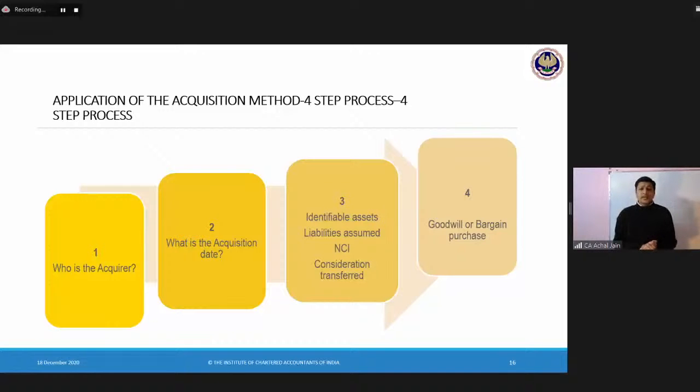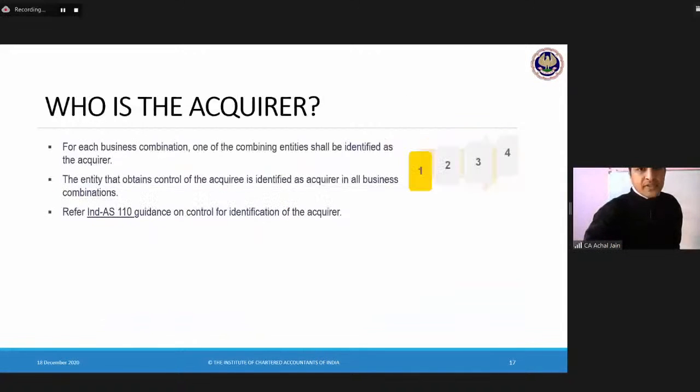So these are basically the steps which one has to understand in the context of a business combination. We'll start with all of these points one by one and understand them in more detail. With the help of this, we'll eventually reach the business combination accounting, that means acquisition accounting.